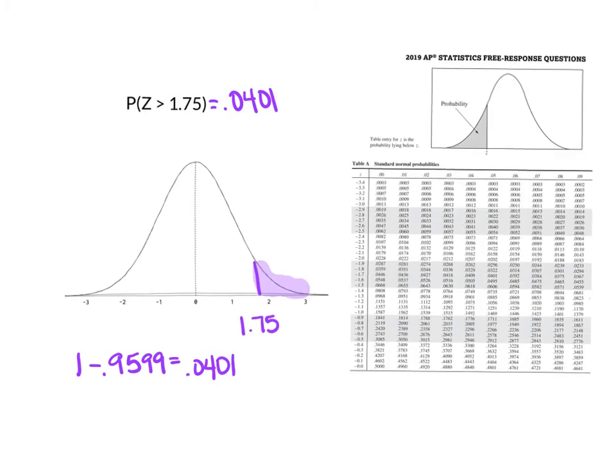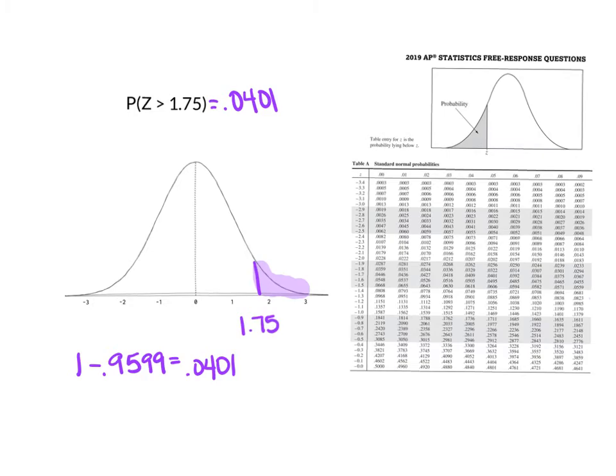Now, the other thing I can do is realize that because this curve is symmetric, the same amount of area that sits at 1.75 also sits at negative 1.75. And that matters because then I'm going to get the left-hand side, which would make this curve correct to what the table is showing. So instead of using the positive z-score, I could use the negative z-score.